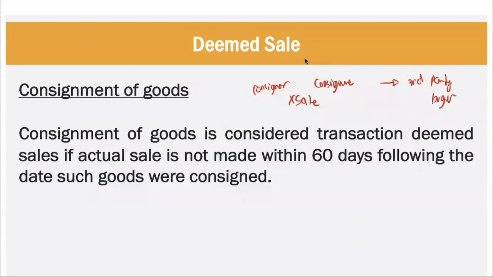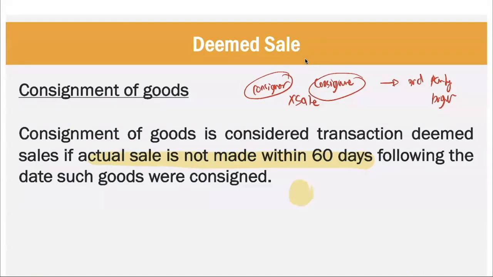Dito sa consignment of goods, there is a requisite. Di ba sabi natin, we have a consignor and consignee, and we have a third-party buyer. Now, if the actual sale is not made within 60 days from the time you consign it, it is considered deemed sale. Unlike the other three, once you transfer it, it is considered deemed sale.